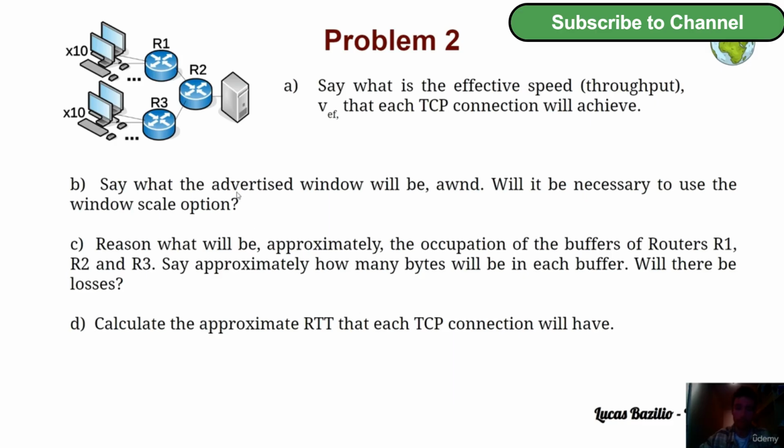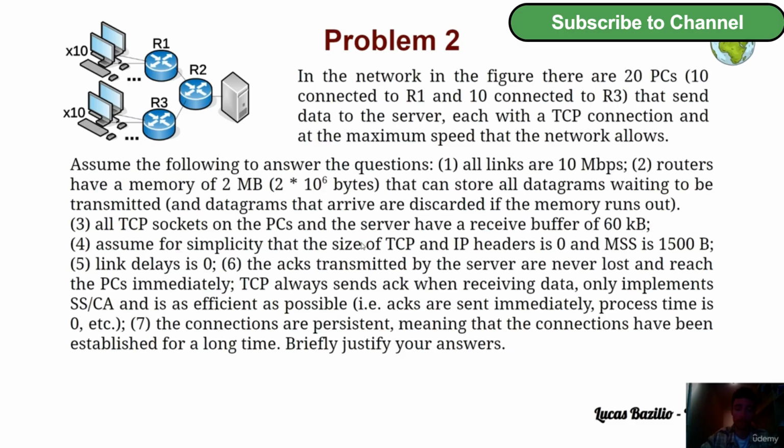Well, here let's go by parts. First of all, let's calculate the advertised window. To calculate its value, we need to look closely at the value of the receive buffer, or the reception buffer. Here, all of the TCP sockets on the PCs and the server have a receive buffer of 60 kilobytes.